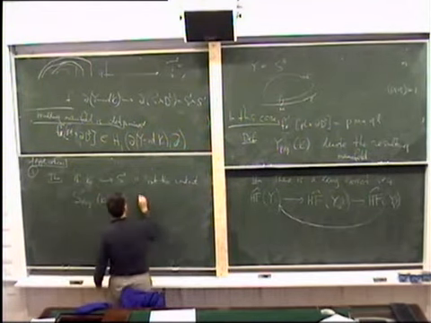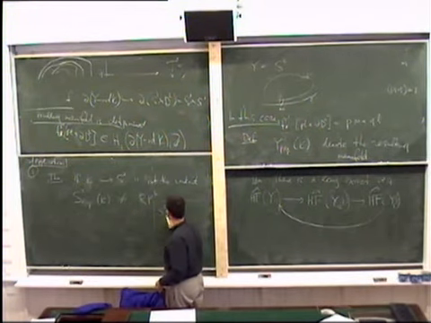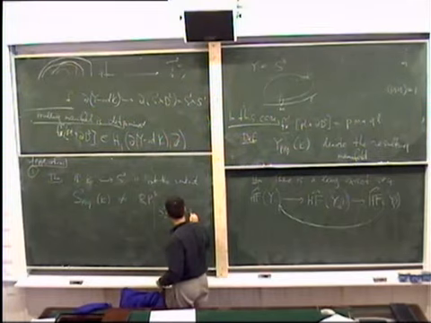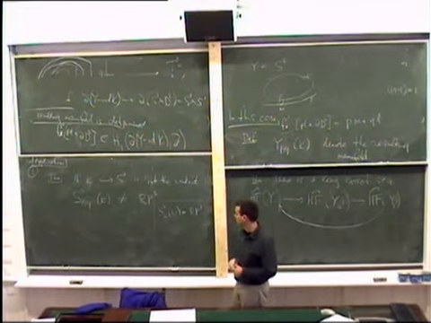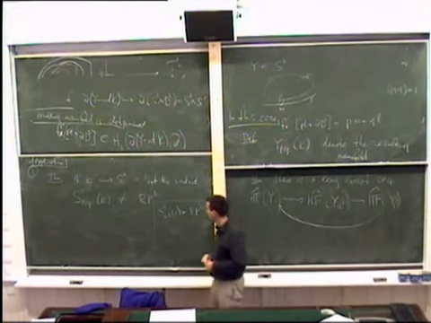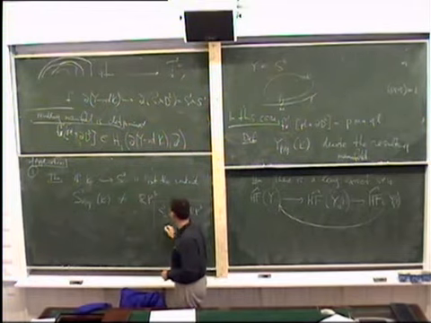Just a remark that S3 at slope 0 is not RP3. Okay.